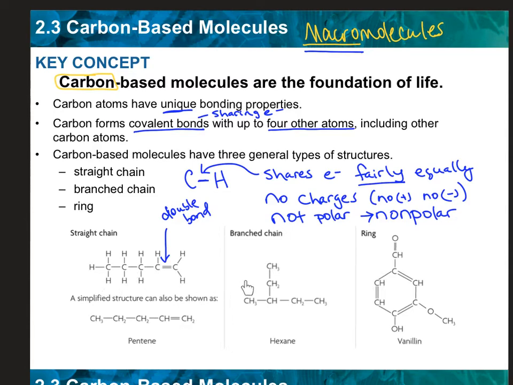So no matter what carbon we look at in any of these diagrams, we would see that they have 4 bonds. Each one of the carbon molecules that you see here has only carbon and only hydrogen. And because they have only carbon and only hydrogen, we call them hydrocarbons. So I'm going to write that right here.